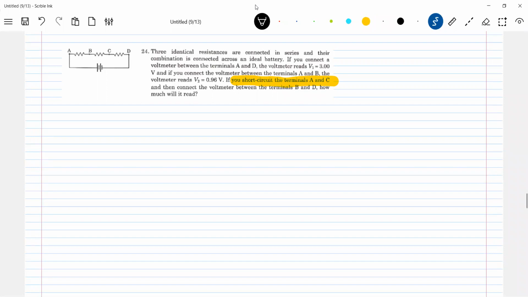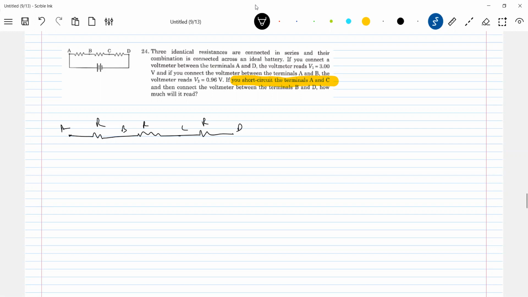So the first basic circuit, what is given? This will be A, B, C. All are identical, so let me assume the value R.